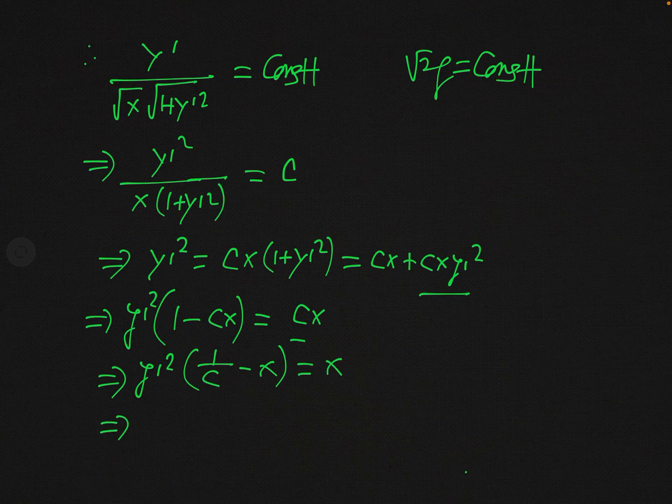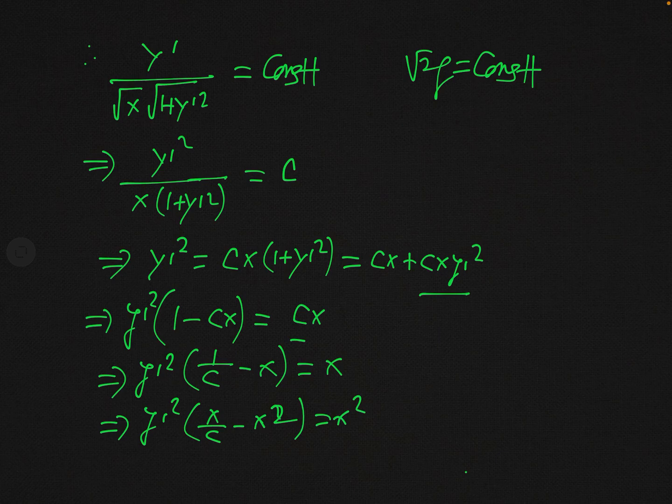So now let us see here, if we multiply both sides of this equation by x, what will be our result? You can see this will be y prime square times x over c minus x square, and this is equal to x square.